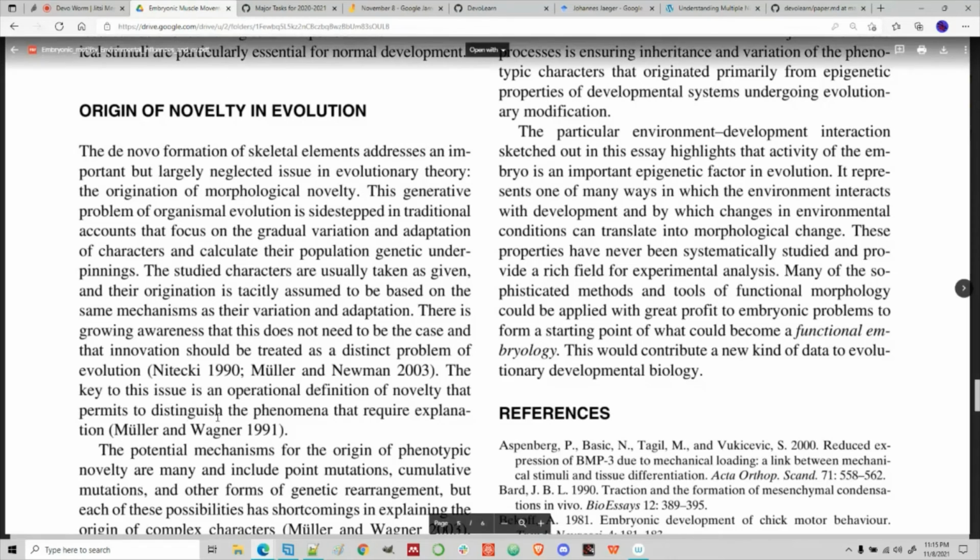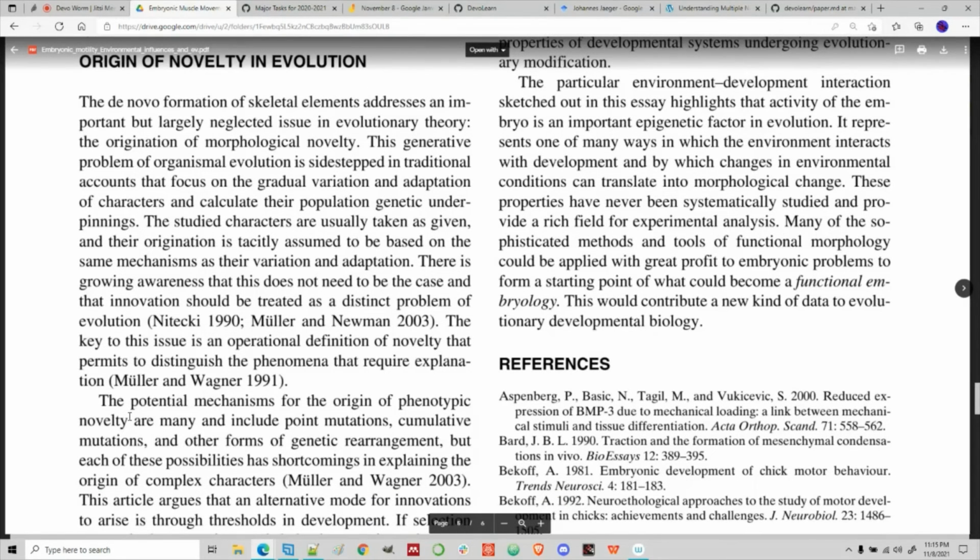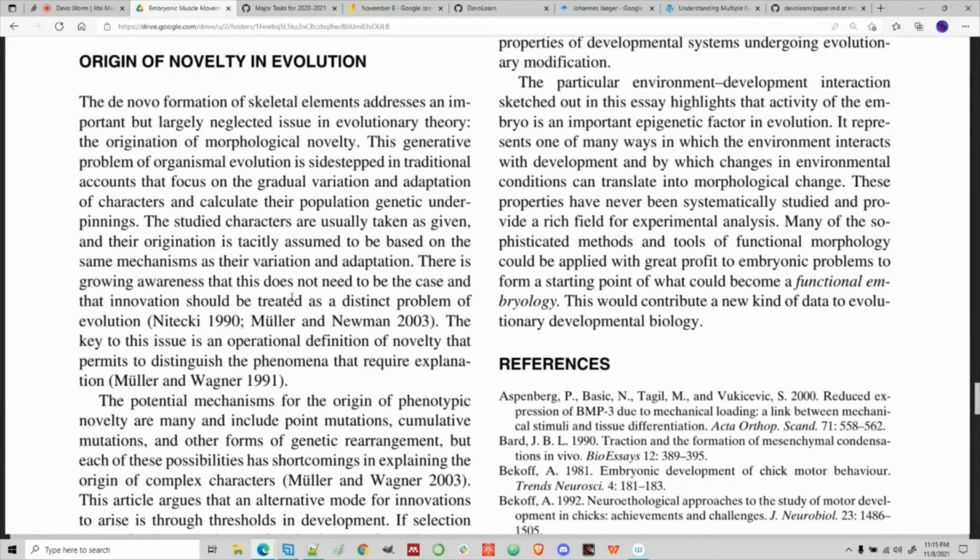Some of this work might apply to this idea of the origin of novelty, because you can see how new types of tissues could form through this process of spontaneous movements triggering different biochemical pathways.